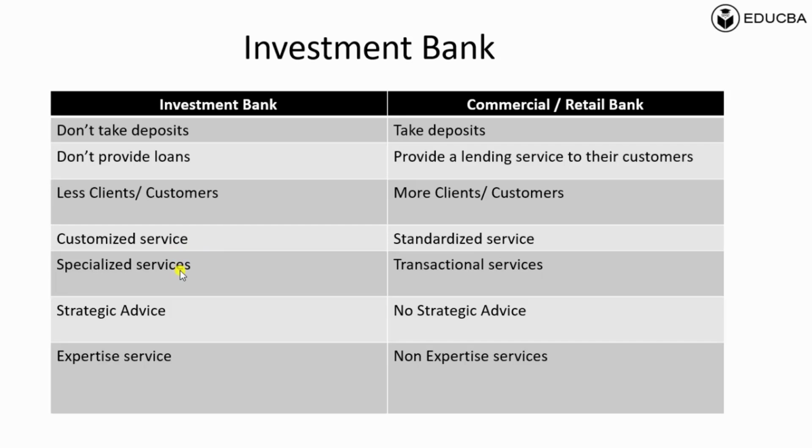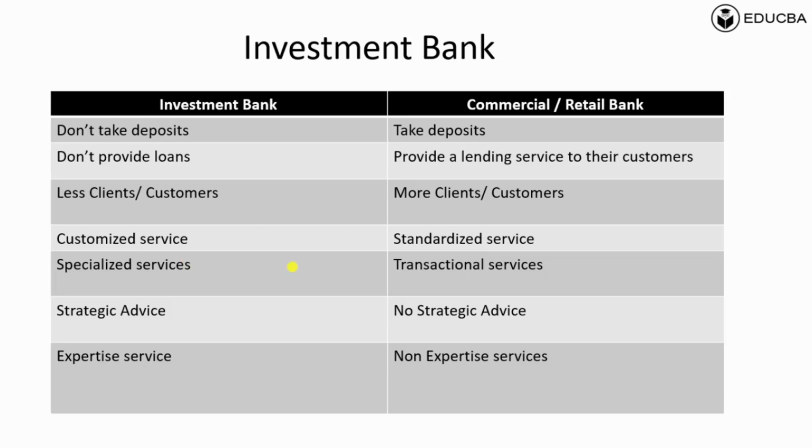Investment banks offer certain specialized services. They provide very specialized services for their clients, and these include providing strategic advice to companies on their structures, acquisitions, disinvestment, and capital market products such as debt and equity instruments, and so on.